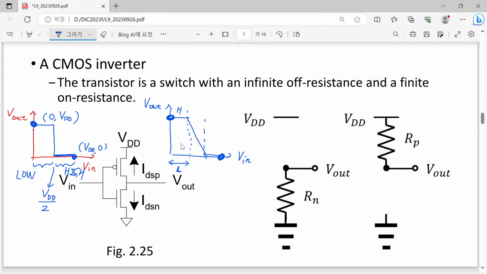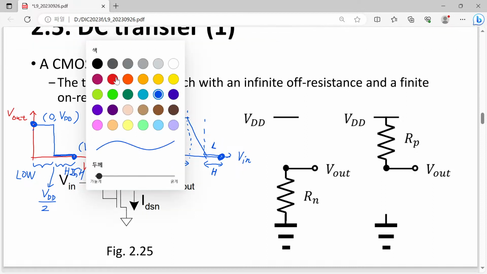Wow, that is the inverter operation. And also beyond this value to VDD, we say that the high value is mapped onto the logical low value. Once again, this is a proper logic operation.